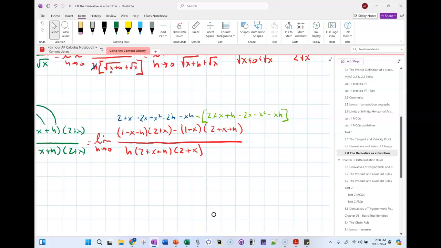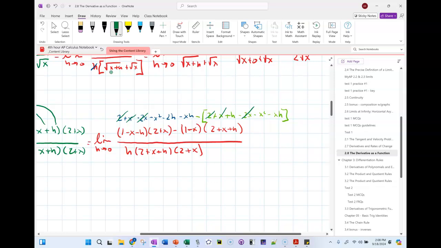Now you could distribute the negative through if you want. I'm just going to simplify, or combine the like terms, without distributing. So I have 2 minus 2 canceling out. Negative 2x minus negative 2x cancel out. I have x minus x canceling out. Negative x squared minus negative x squared cancel out.